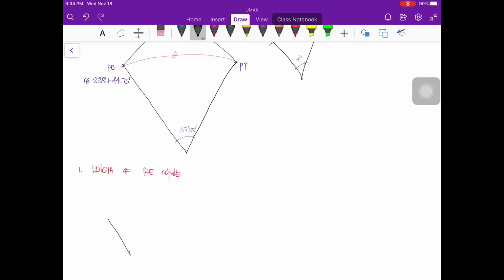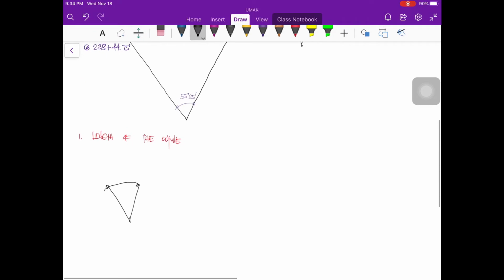If you have this, it's a chord basis style. If this is 4 degrees and this is 100 feet and this is R, first you solve for the radius, using chord basis.